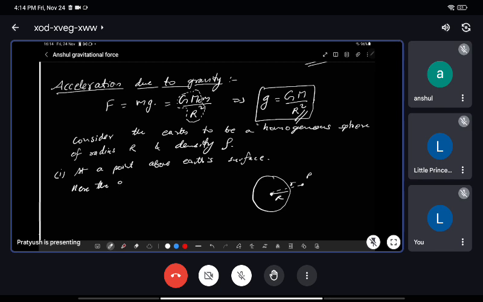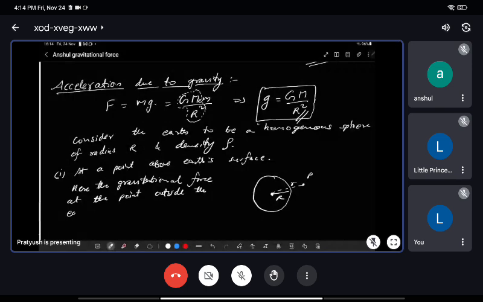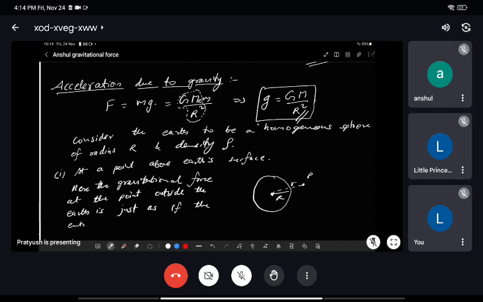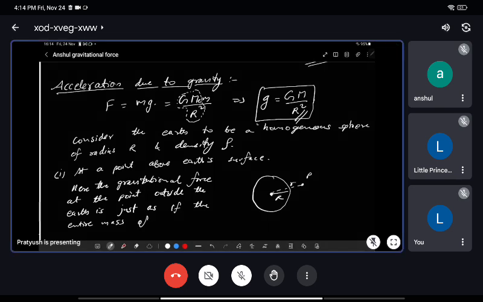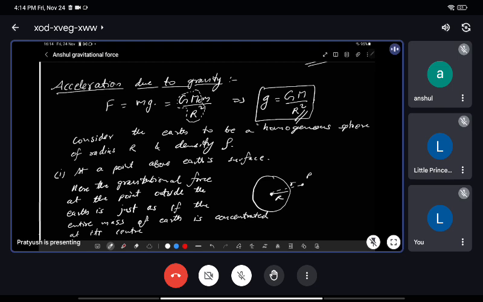Here, the gravitational force outside the Earth is as if the entire mass of Earth is at its center.